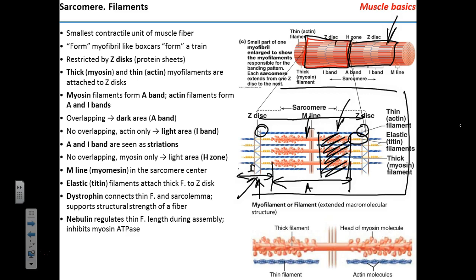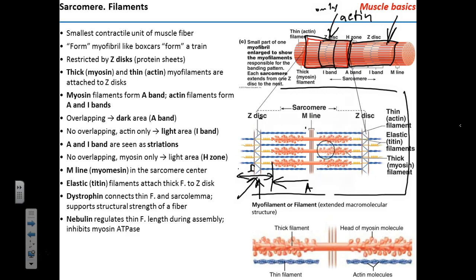In the places where the I bands are, there is only actin filament, only actin. Like here. There's no overlap, and this area of the sarcomere is going to look lighter.